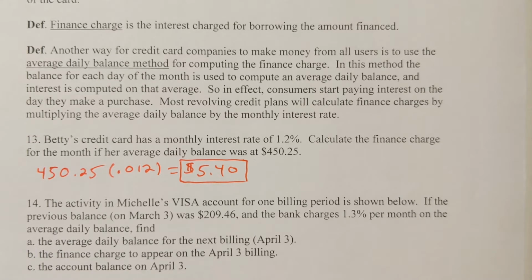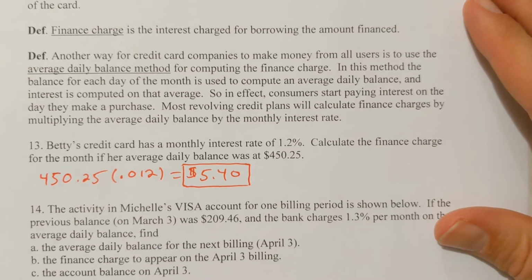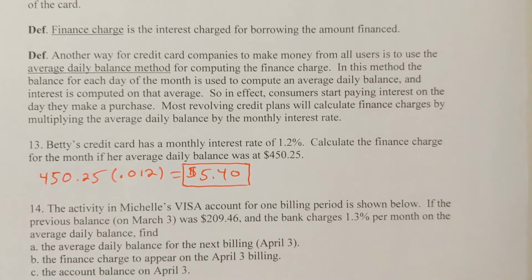Okay, so problem 13 says Betty's credit card has a monthly interest rate of 1.2%. Calculate the finance charge for the month if her average daily balance was $450.25. So you're going to take the average daily balance, the $450.25, times the monthly interest rate, 1.2% or 0.012, and you get $5.40.